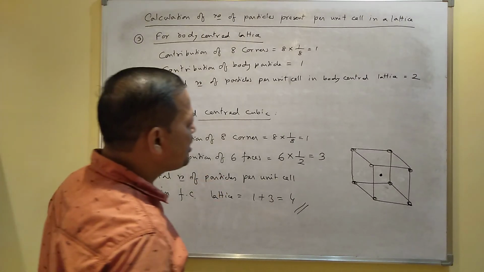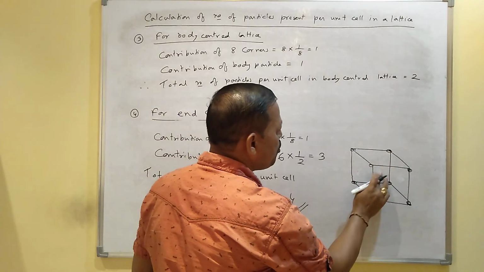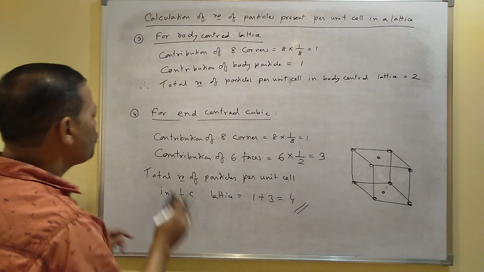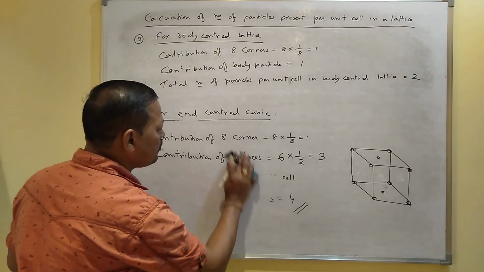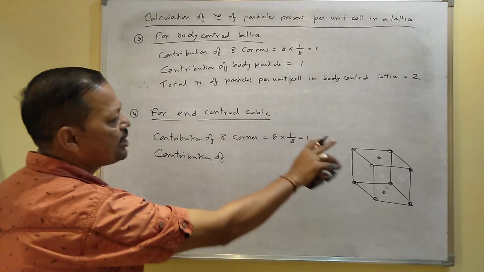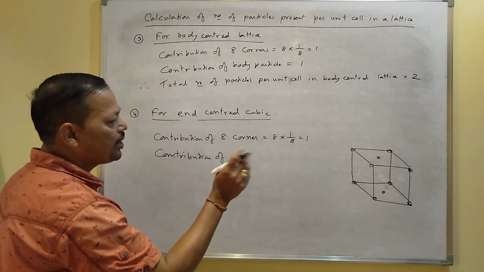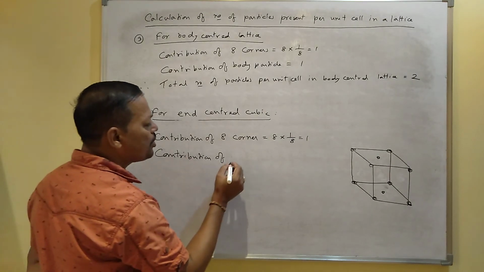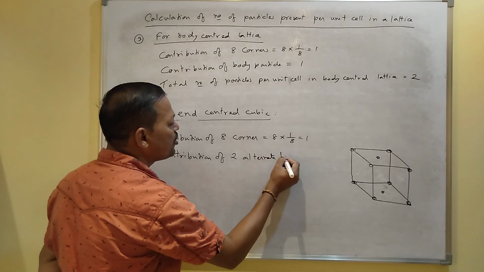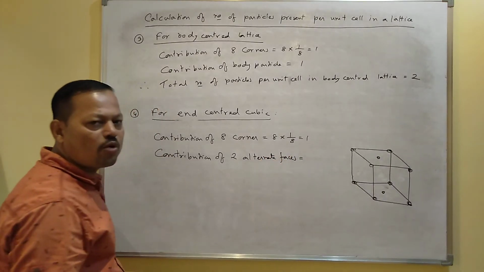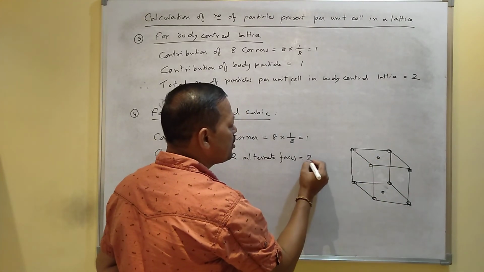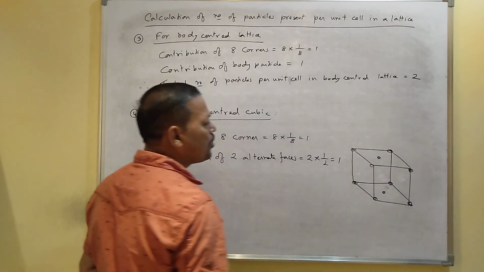It is said to be end centered cubic when the particles are present at the corners and at 2 alternate faces, like this. So from the contribution of 8 corners, you will get 8 into 1 by 8, which is 1 particle, and from the contribution of 2 alternate faces, from one face you will get half. There are 2 faces which contain the particle, so 2 into half, you will get 1.